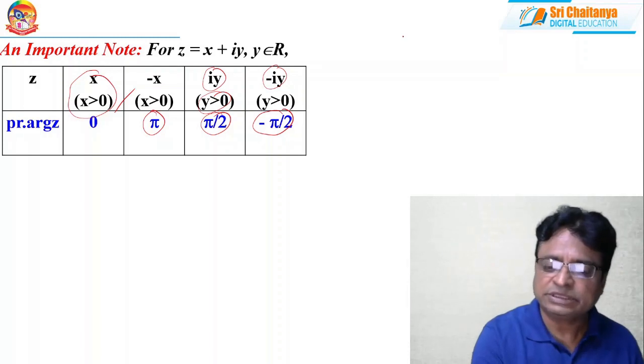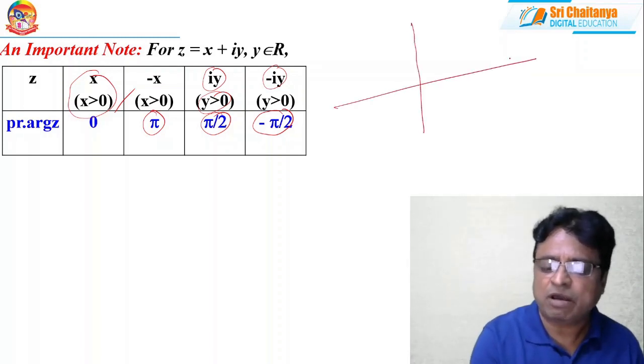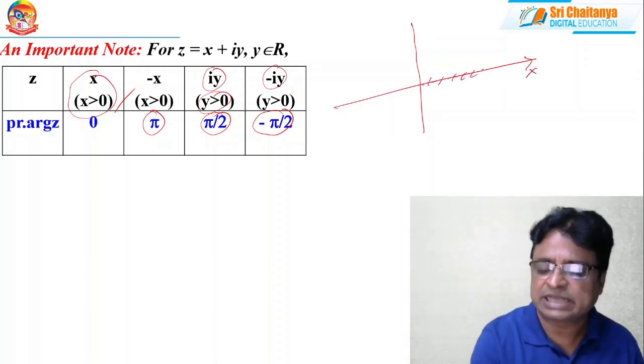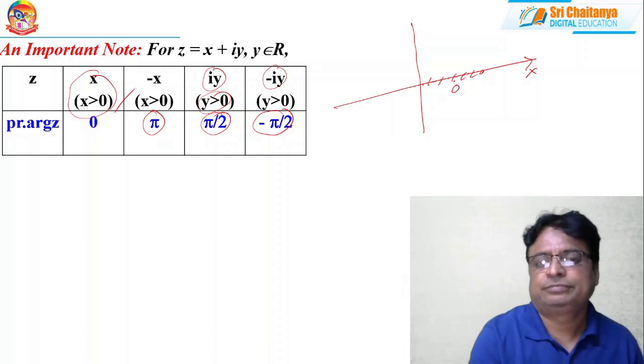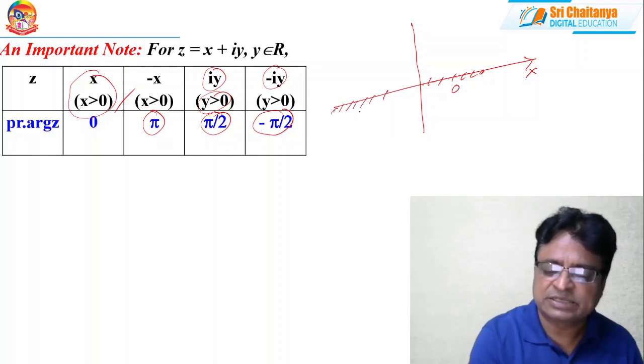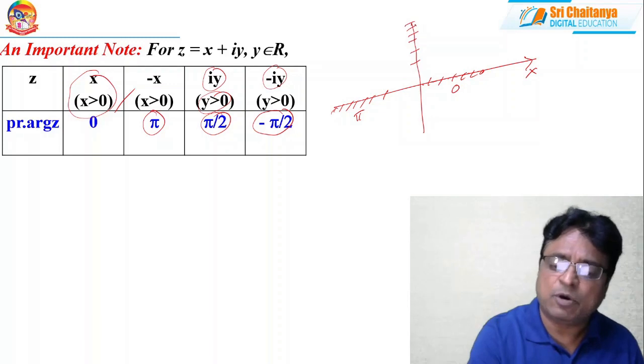Clear? That means the argument of all complex numbers which are on the right side of the x-axis is 0. The argument of all complex numbers which are on the left side of the x-axis is pi. The argument of all complex numbers which are above on the y-axis is pi by 2.